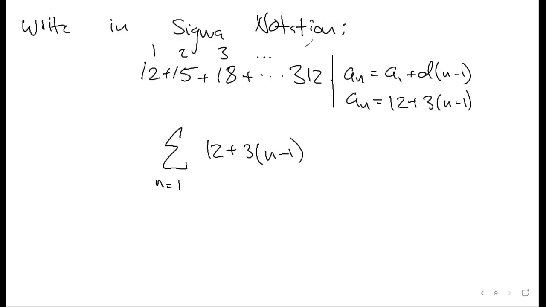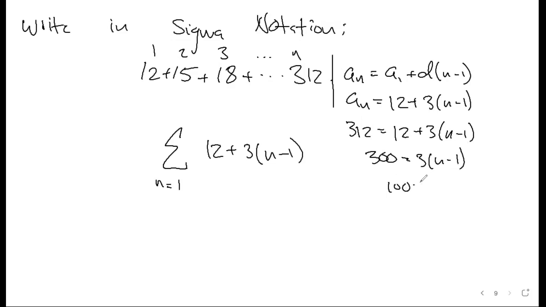And then what term am I ending at? Well, to find out what n is, I can just plug in 312 for a sub n and solve. So this is telling me 300 is equal to 3 times n minus 1. 100 equals n minus 1. N equals 101. Okay, so that's the answer.